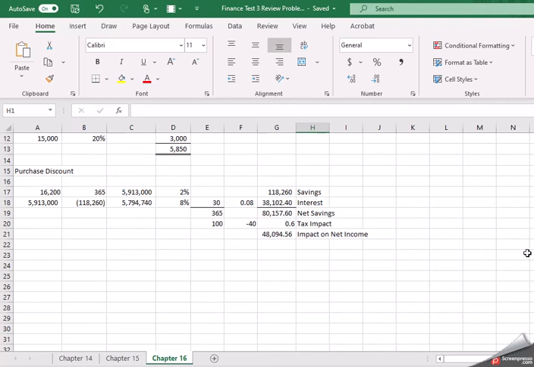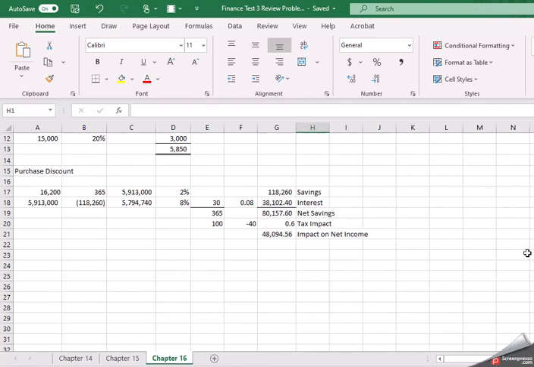So we have Jackson Products has maximum trade credit by not taking their cash discounts, and they pay in their net due days. Their average terms are 2% if they pay in 10 days, net due in 40. So right now they've been paying on day 40 instead of day 10. The company is considering borrowing from their line of credit to take the discounts.